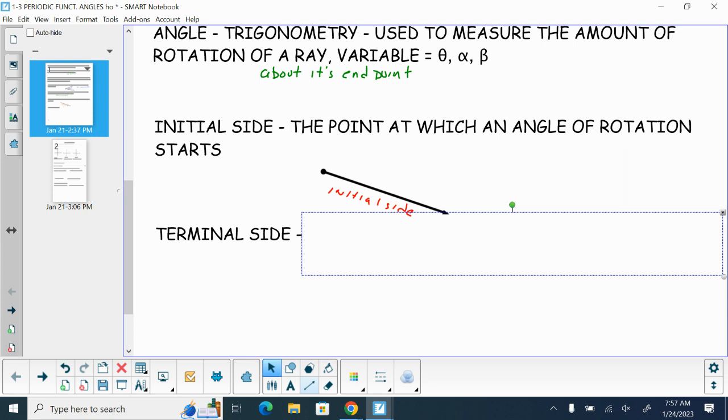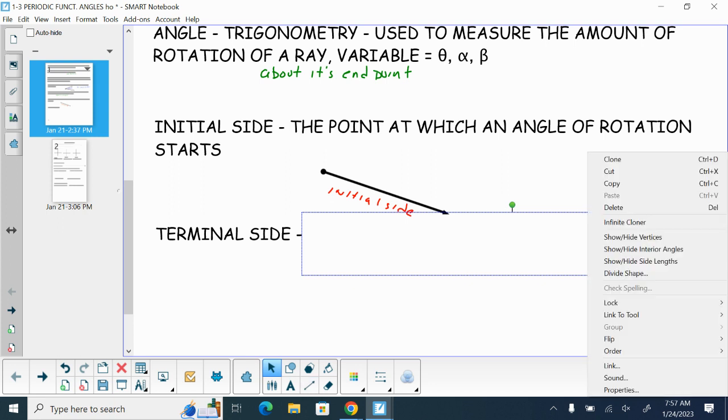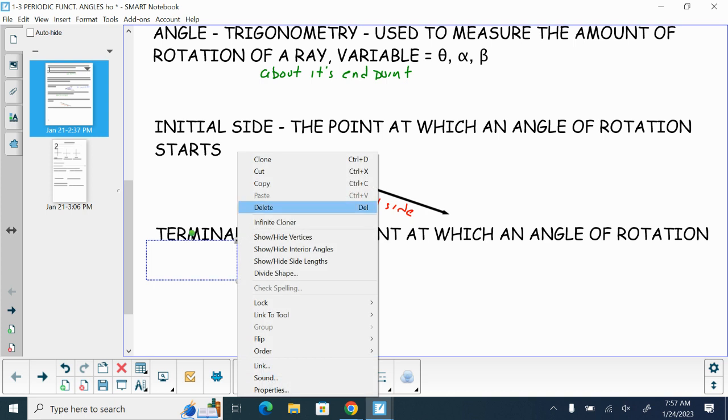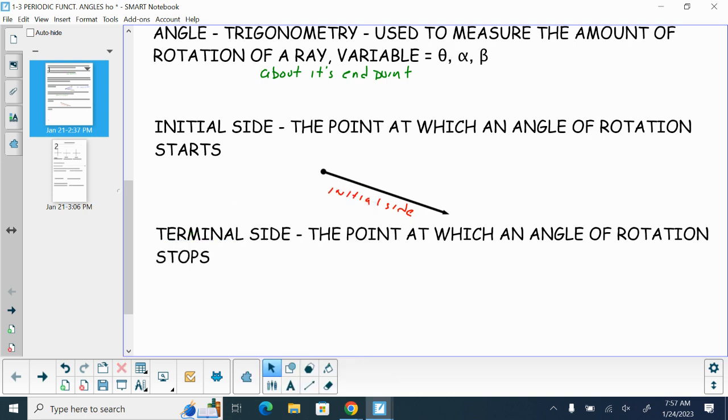Then we have a terminal side. And hopefully your logic in your brain will tell you the terminal side is where we stop. It's the point at which the rotation of the angle stops, so the ray stops. So you need to have an initial side and you need to have a terminal side. You have a place where it starts, you have a place where it stops.